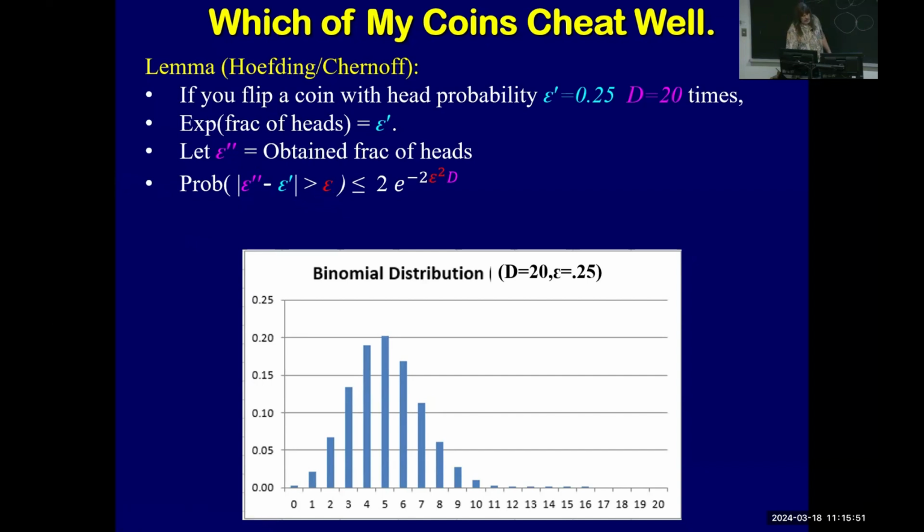And we say that probability is really small. Here, D is our training data. We have lots and lots of training data, and so epsilon squared D is still going to be a big number. In fact, does anybody remember where epsilon D comes from in our proof?